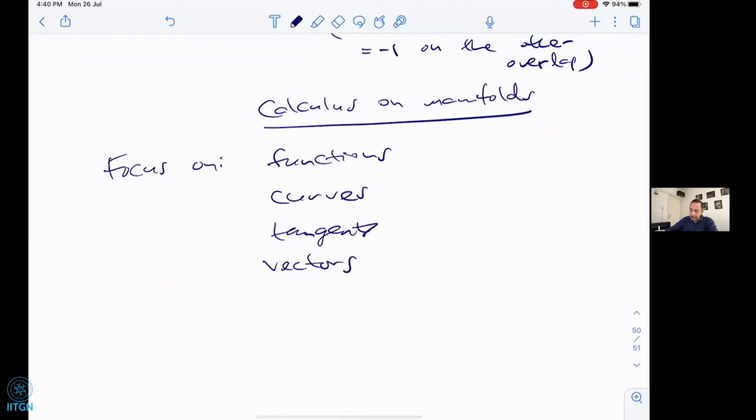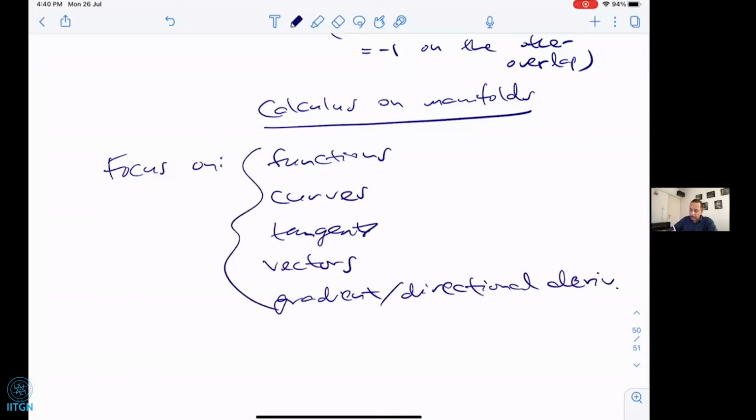You see, all these words we have studied in calculus. Everything is very precisely defined in calculus. Gradient of a function, which is also known as directional derivative. So all this is known in ordinary calculus.